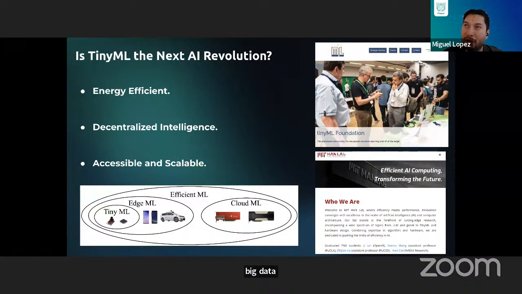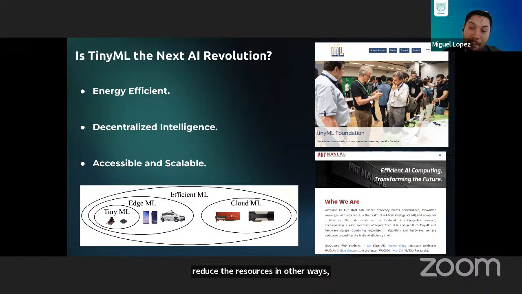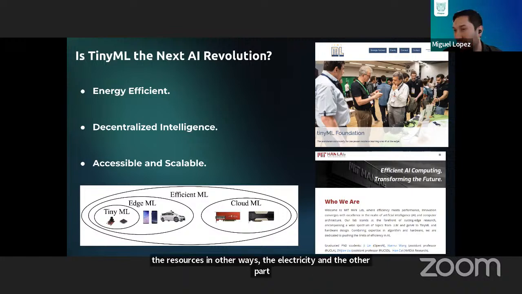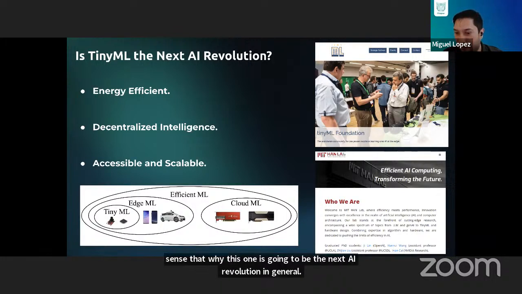We need a more efficient way to solve the problems, to reduce what? Reduce the resources, in other words the electricity, and the other part, the money you invest in that. So it's feasible and it makes sense that this is going to be the next AI revolution in general. So we have a different perspective.